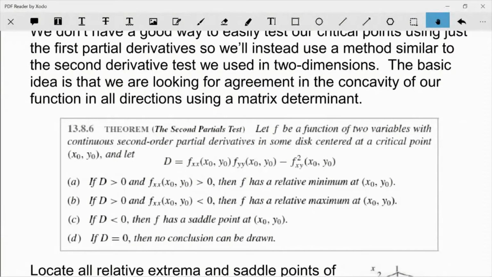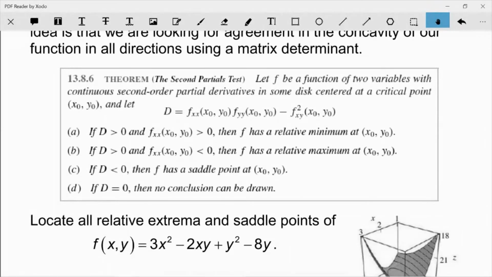So like we just saw with the saddle point, you can be concave up in one direction and concave down in another direction. And so you might end up with kind of weird scenarios where you're not just using the idea that concave up means a minimum and concave down means a maximum. So what we do is sort of take a preponderance of all of those concavities and see if we have a consistency. And if we do, we can define a maximum or a minimum. And that's what this second partials test is based on.